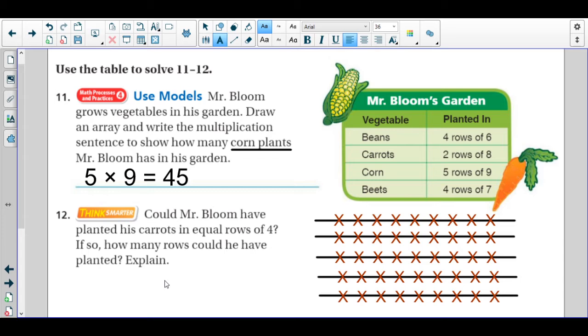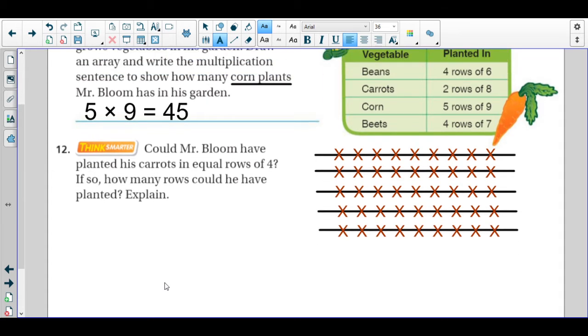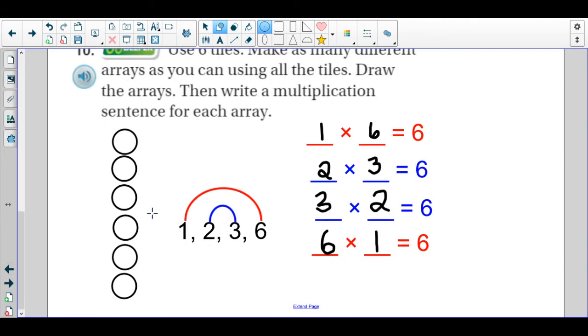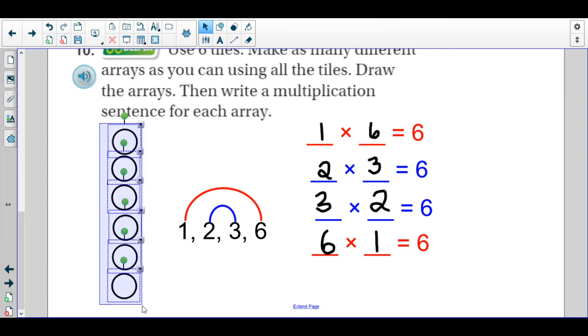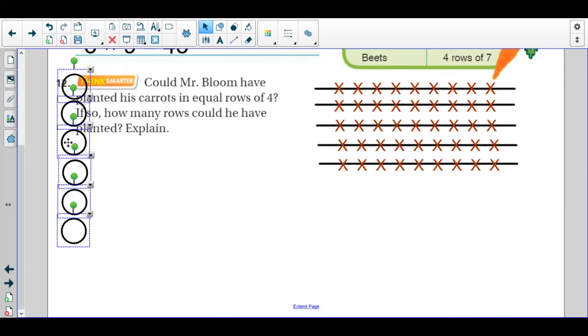All right, what about this next one here? Could Mr. Bloom have planted his carrots in equal rows of 4? If so, explain. Well, let's see. What do we got with the carrots? 2 rows of 16. So, once again, if you know your multiplication facts, this actually becomes a whole lot simpler. I'm actually going to come back here and see if I can't copy and paste some of these, make it a little bit easier. All right.